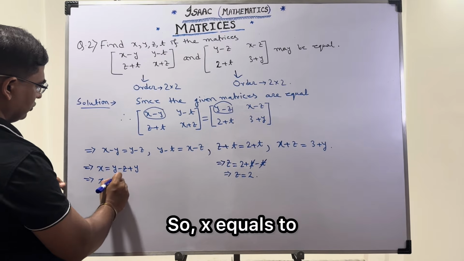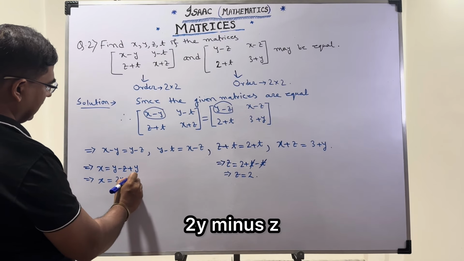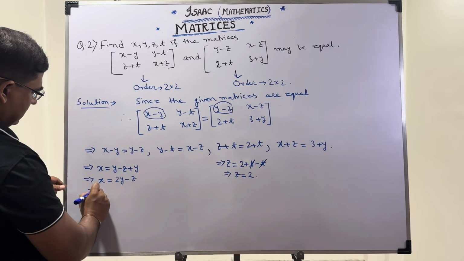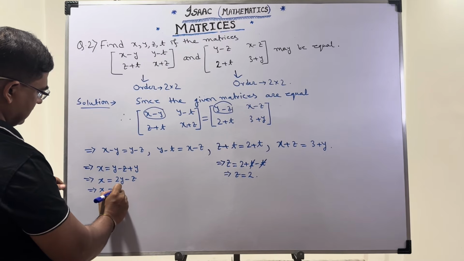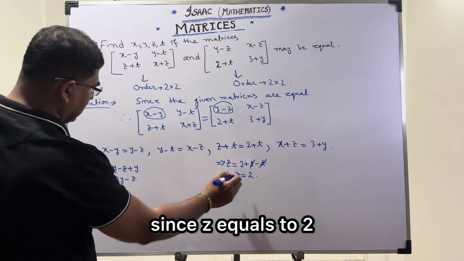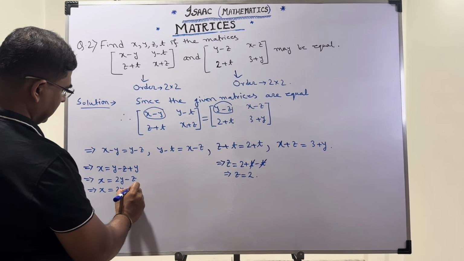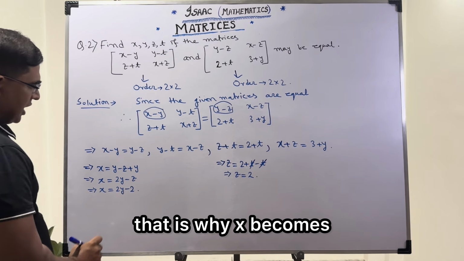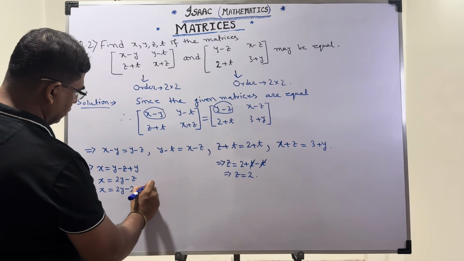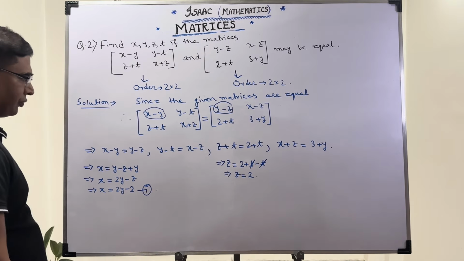So x equals 2y minus z. Since z equals 2, we can put 2 in place of z. That is why x becomes 2y minus 2.